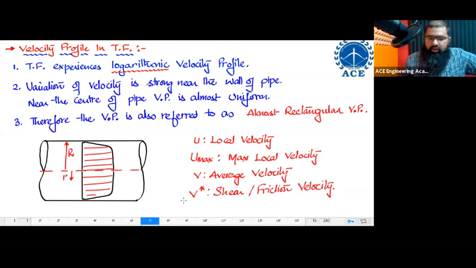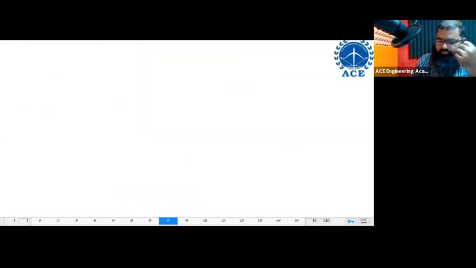Now let us talk about the velocities. You can take a snapshot of this particular slide. I'm going to give you some 3 formulas for these velocities. Quickly take a snapshot. First formula: I have given it already, but still I'm giving it again.